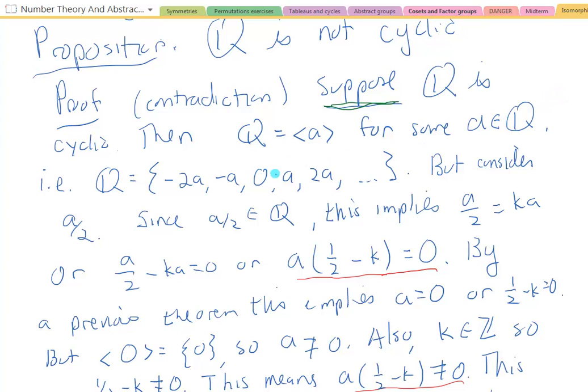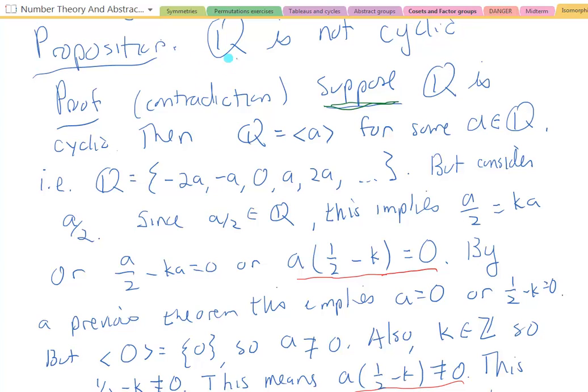So when I take 0A, A plus A plus A plus A, and so on, if I take repeated pluses, what I'm going to generate are the integer multiples of A. So if Q is the set generated by A, that means that Q is equal to the integer multiples of A, plus or negative, also 0. All right, but consider A over 2.